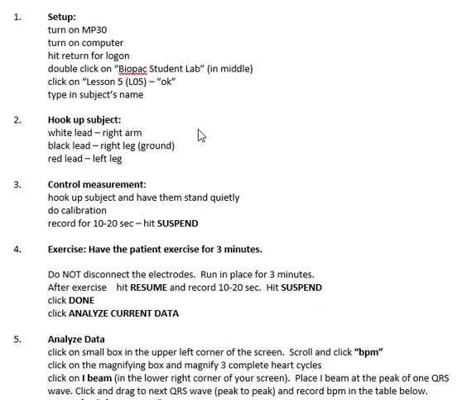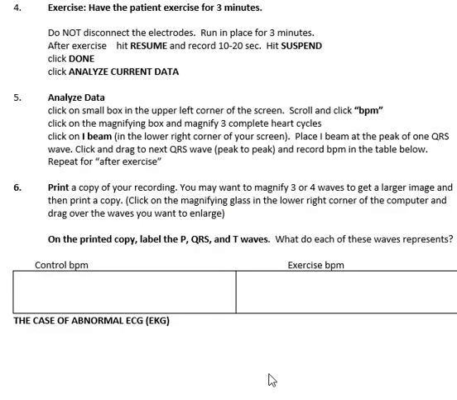In your lab manual, it tells you how you'd hook the person up. You put a white lead on the right arm, a black lead on the right leg, and the red lead on the left leg. And then you calibrate. There are different EKG or ECG readings that you're supposed to take.